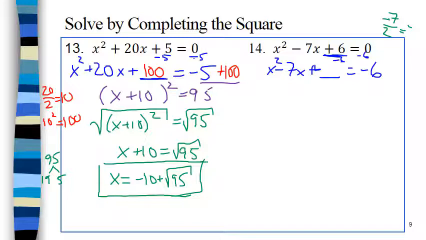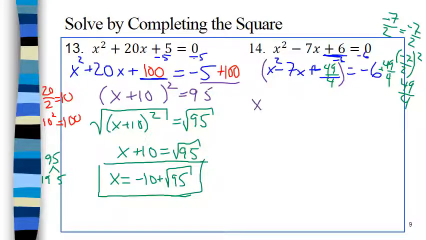So I'm going to square that. So negative 7 over 2 squared is 49 over 4. So I'm going to add 49 over 4 to both sides. So 49 over 4 plus 49 over 4. Okay, so on the left-hand side, I already have my perfect square.